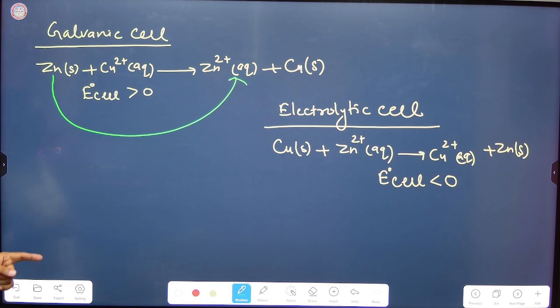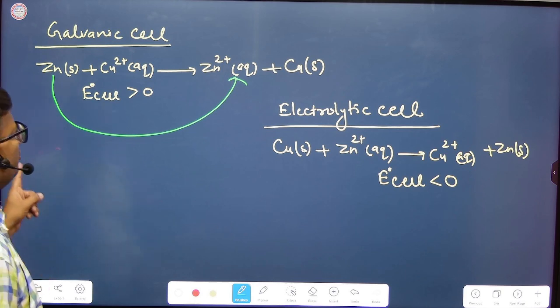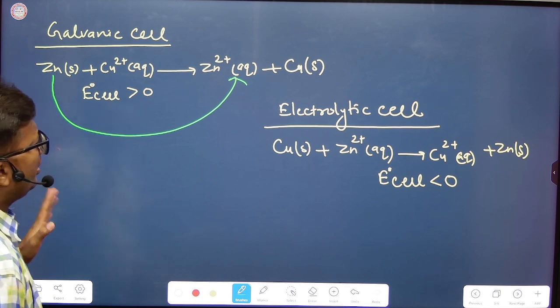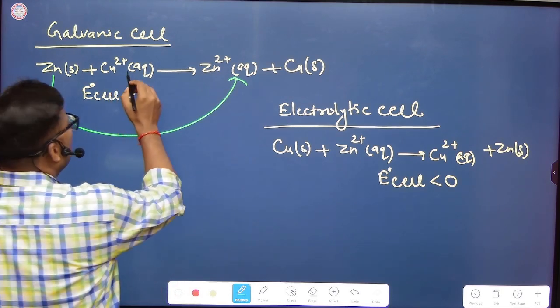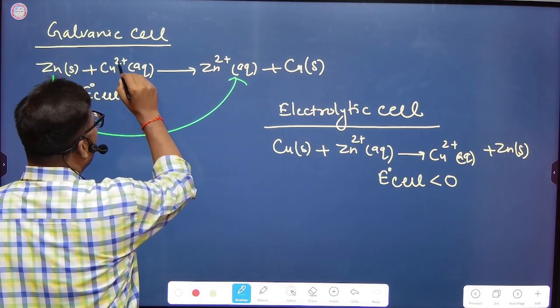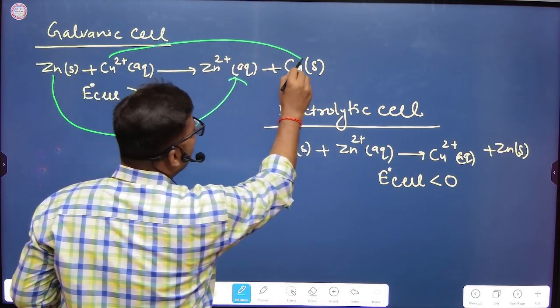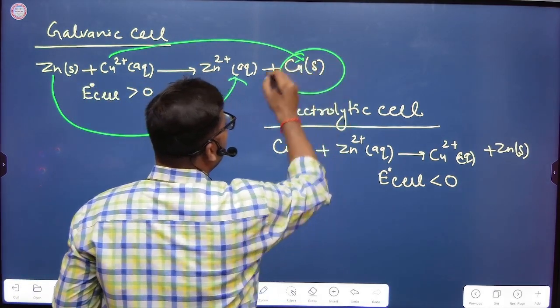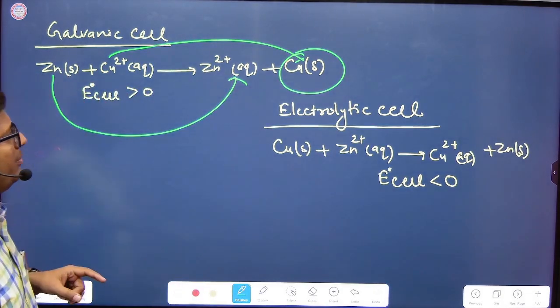It means there is an oxidation half-cell reaction. So Zn was dissolved as Zn2+, and copper 2+ aqueous solution is reduced to copper solid. So in the galvanic cell, what happens actually?